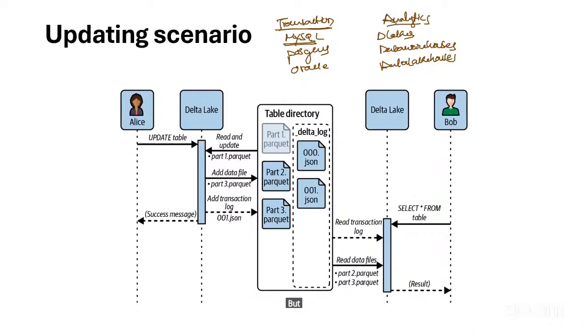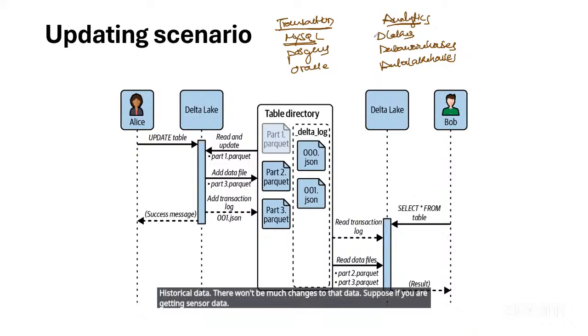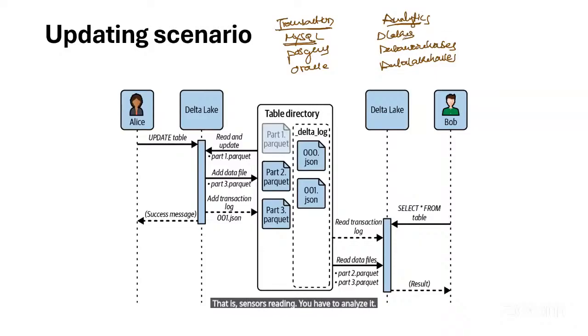But when coming to analytics data, you will collect real-time data or historical data. There won't be much change to that data. Suppose you are getting sensor data, that is it. You will not make changes to the attributes or values of it. Suppose you are getting some order details into your tables.